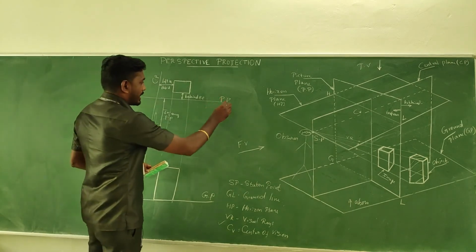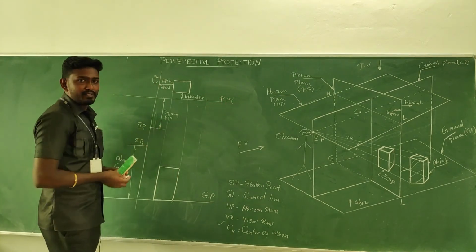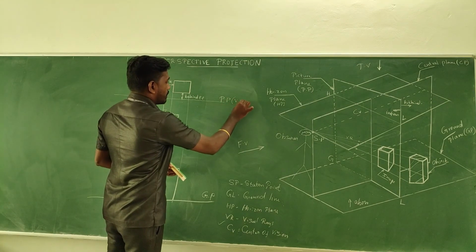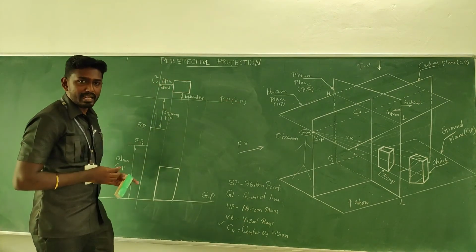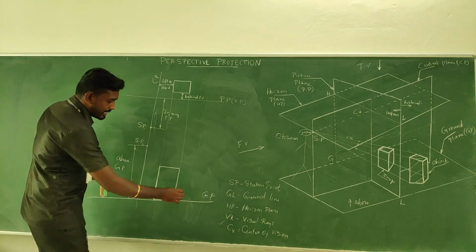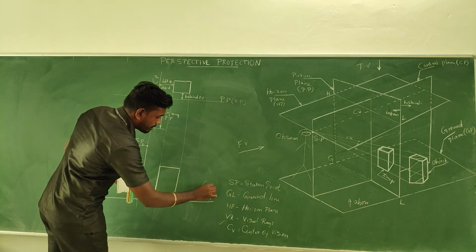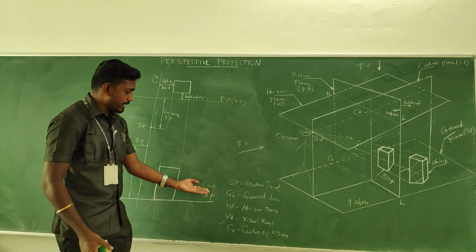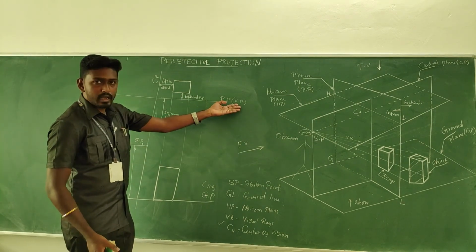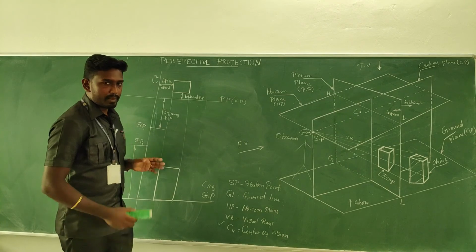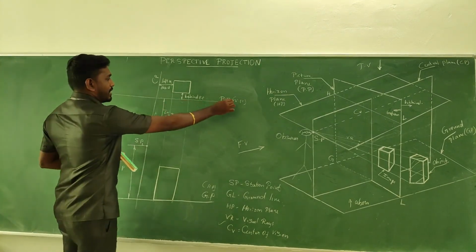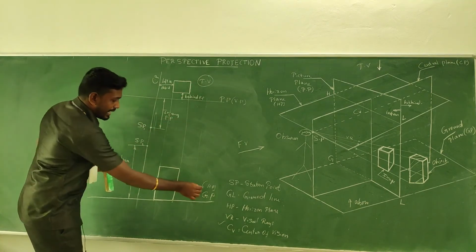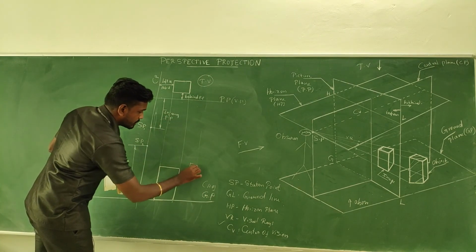And when we compare with the orthographic projection, if I take the picture plane as VP, the vertical plane, and the ground plane as HP, since we are familiar with these terms, what happens here? In the VP we have drawn the top view, and in the ground plane we have drawn the front view.